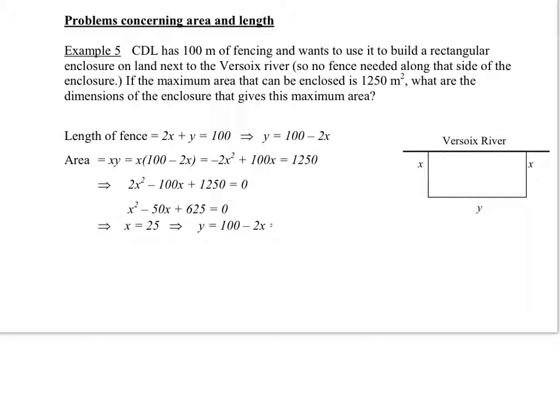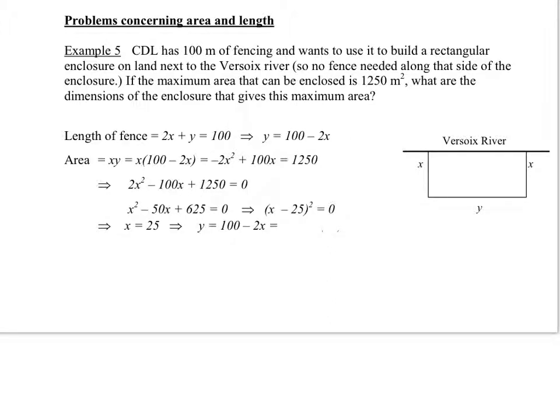To solve that, you can factorize this equation here. You can factorize it by just looking for two numbers that multiply to give 625 and add to give negative 50.